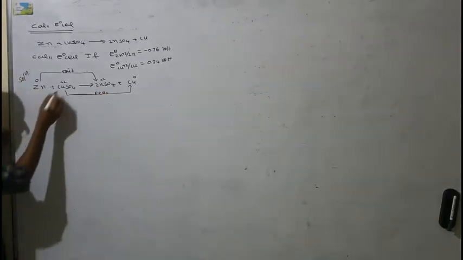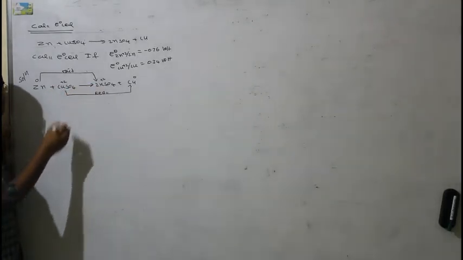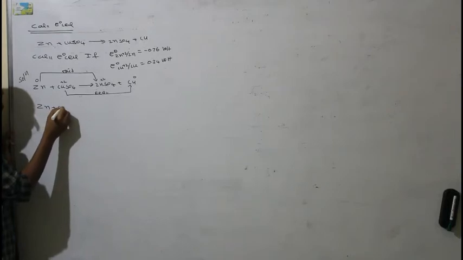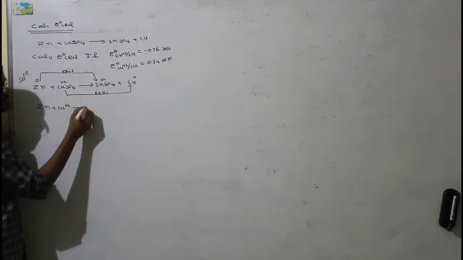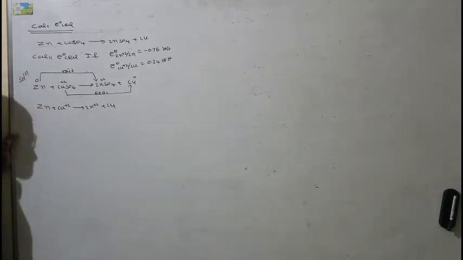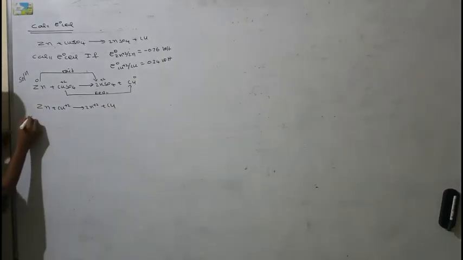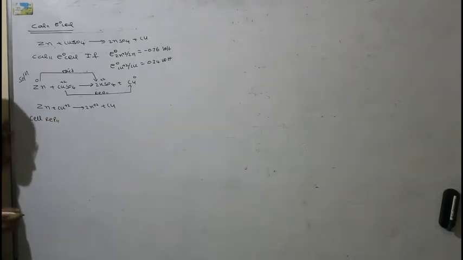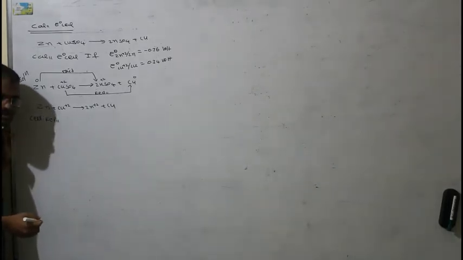So what is the reaction? It becomes only with ions. Sulfate you can remove as a spectator ion. So the equation becomes Zn plus Cu plus 2 gives Zn plus 2 plus Cu. For this reaction, what will be the cell representation? Cell representation is anode reaction double slash cathode reaction.